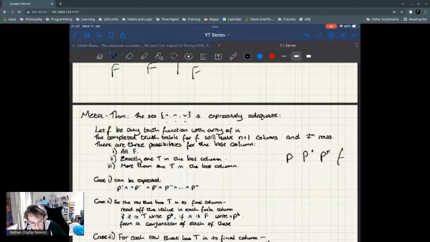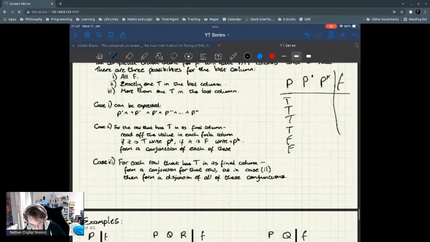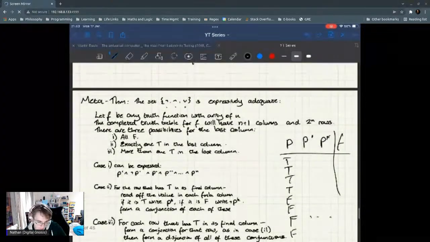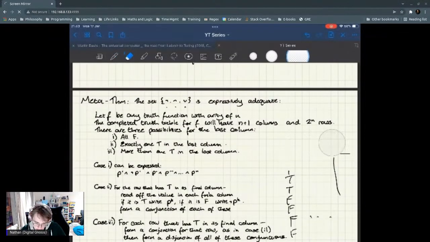So we've got 3 arguments, or our truth function has an arity of 3. And so we have 3 plus 1, which is 4 columns. And the number of rows that we'd have would be 2 cubed, which is 8. So we'd have 8 rows, 1, 2, 3, 4, 5, 6, 7, 8, and so on. You get the picture. So that's all that part says of this proof.